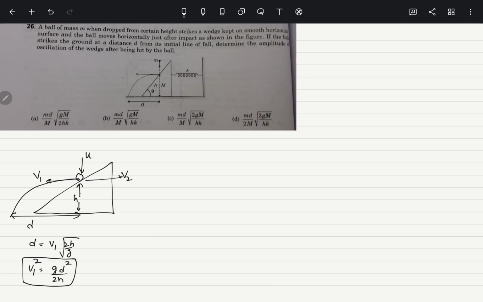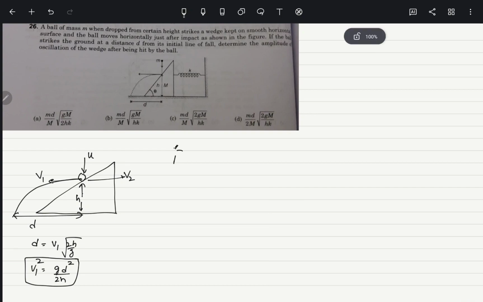So F external is 0 in horizontal direction. So we can apply the momentum conservation. If F external is 0, the momentum of center of mass is going to be constant in horizontal direction.